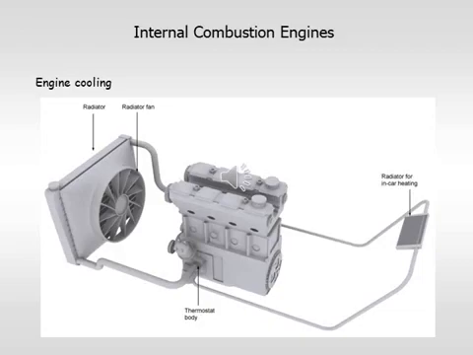As it flows through the thin tubes in the radiator, the hot liquid is cooled by the air stream entering the engine compartment from the grill in the front of the car. Once the fluid is cooled, it returns to the engine to absorb more heat. So, this is basically the basic cooling system cycle.